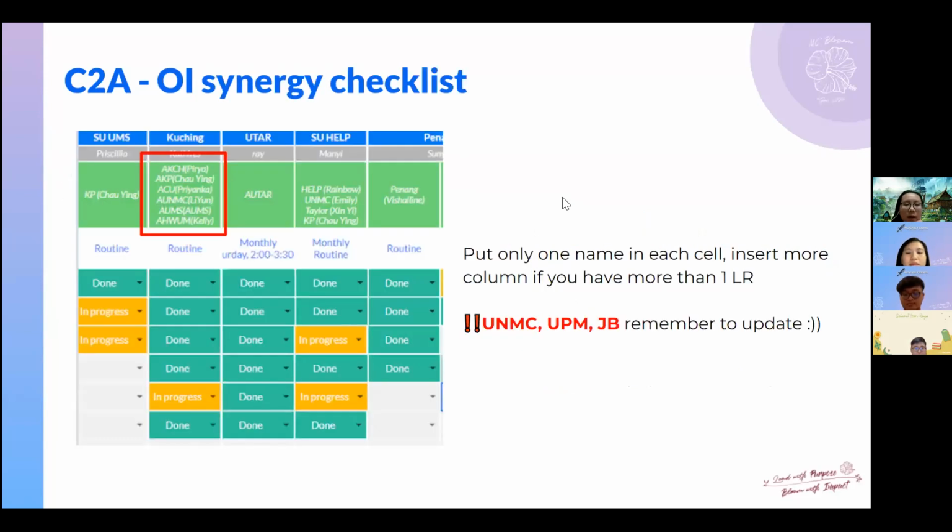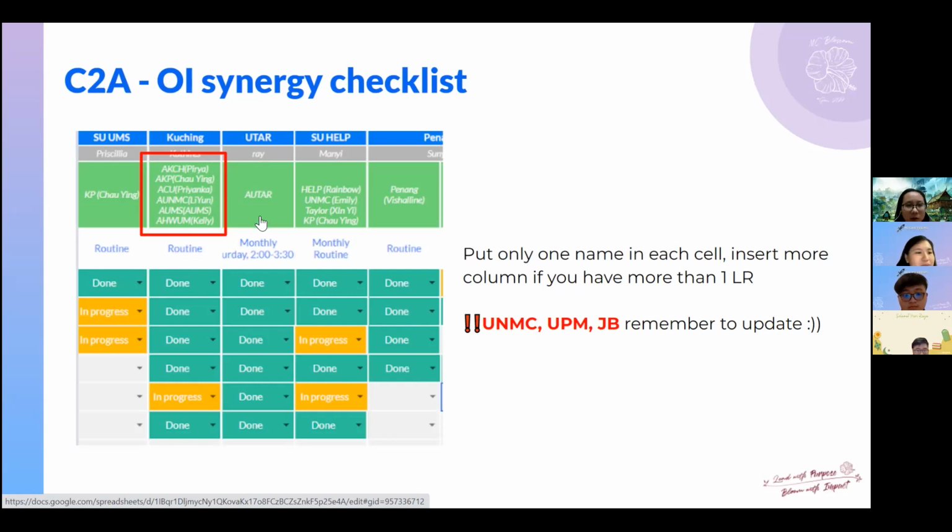Secondly is the OI synergy checklist. Remember to update. One thing is that some of the LCs put all of your LRs inside one column, but actually you need to separate them because you will have different kinds of routines, and you also need to carry out the synergy separately for each of the LRs. So you can separate it into different LCs and different cells, something like this.